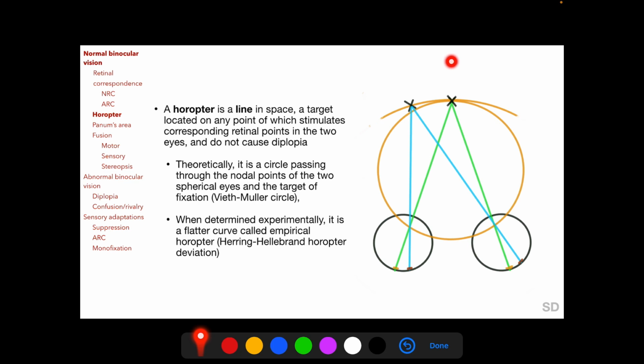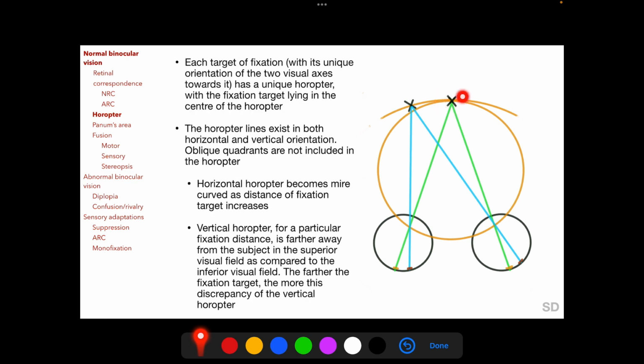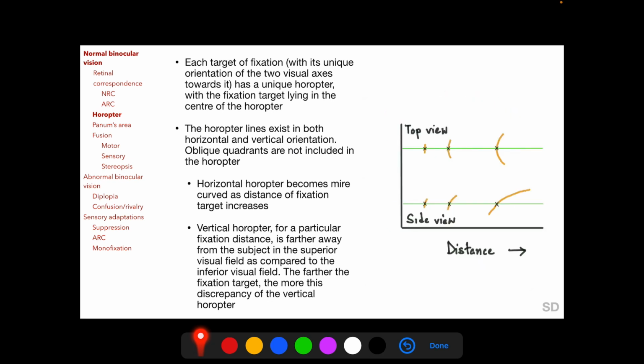Each target of fixation with its unique orientation of the two visual axes towards it has a unique horopter, with the fixation target lying in the center of the horopter. And the horopter lines exist in both horizontal orientation, which can be described from a top view, and a vertical orientation, which can be described from a side view.